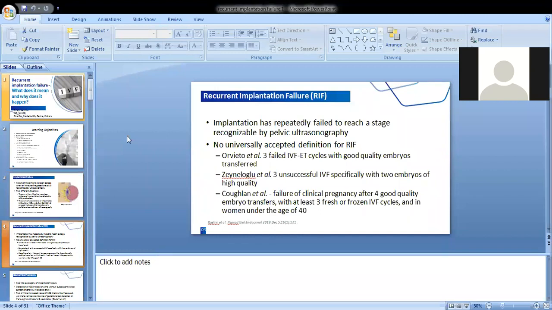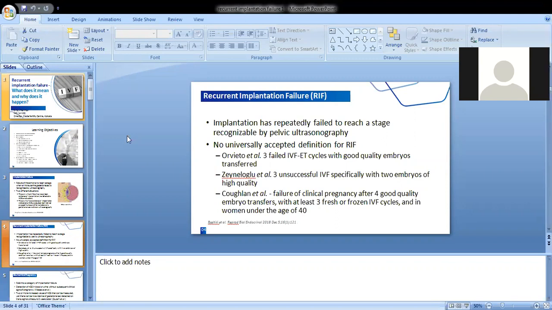Now, what is recurrent implantation failure? There have been different schools of opinion about how to label some patient as recurrent implantation failure. So there has been no universally accepted definition. One author has mentioned 3 failed IVF-ET cycles with good quality embryos transferred. Another author labeled it as after 3 unsuccessful IVF, specifically with 2 embryos of high quality.